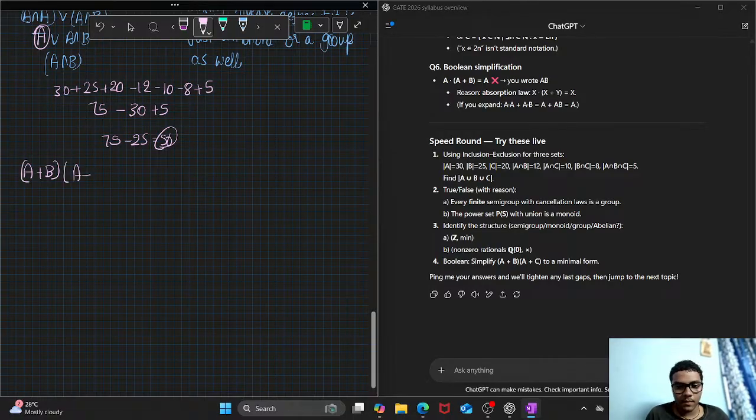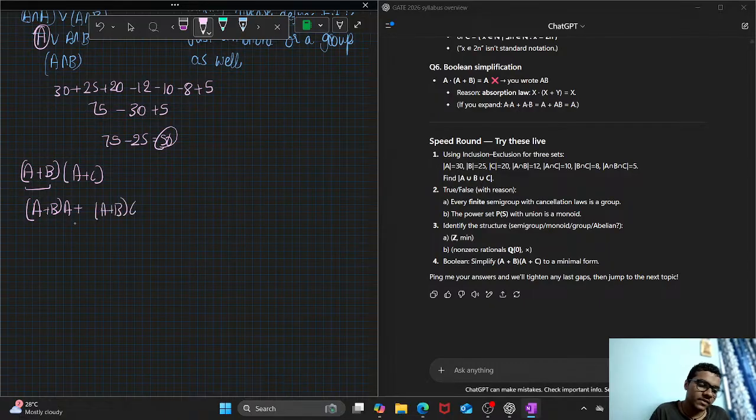A plus B times A plus C, to a minimal form. I think we have to use the distributive law here. We'll treat this as one term first, A plus B times A plus B times C. And we will use again the distributive law, A plus AC plus BA plus BC.